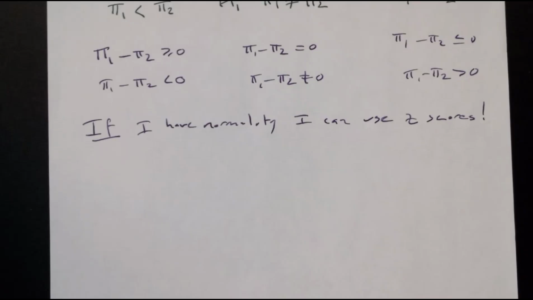If I'm doing a two-tail test, which is the most common one I'm going to do here, then I can do the same thing I did with the variances in the two-tail tests, and I can pool them.